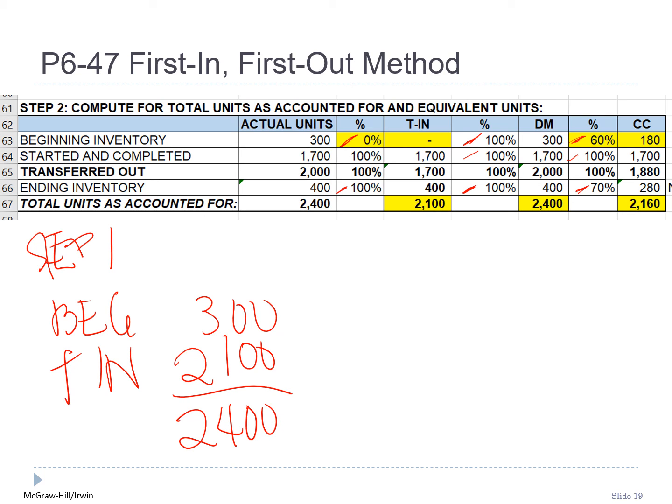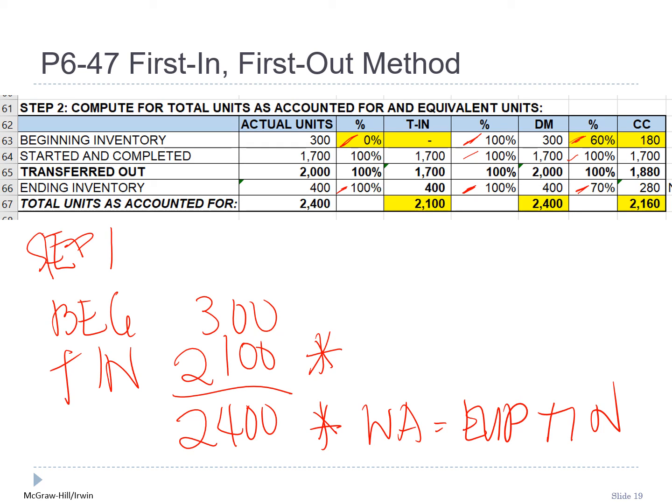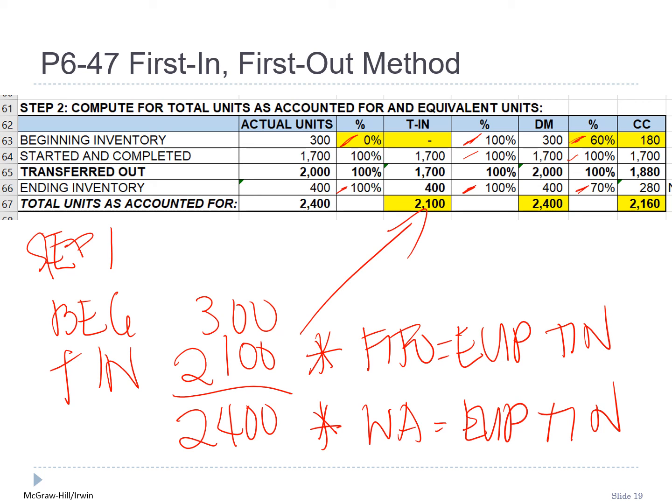So ang transferred in, pag weighted average, itong 2,4. So kapag weighted average, ito yung EUP ng transferred in. Pero kapag FIFO, ang transferred in dapat equal dito sa 2,1 na to, sa started. So kapag FIFO, ito yung EUP ng transferred in pag FIFO. Kaya equal yan sa 2,1. Ayan. Okay, class. So, next step na tayo.